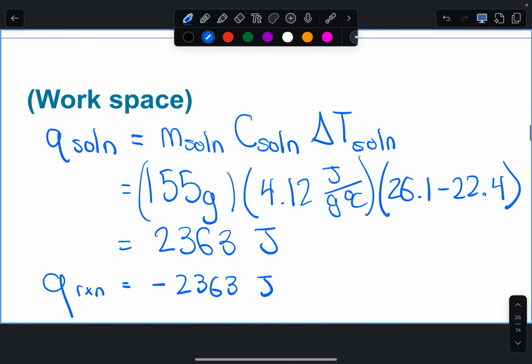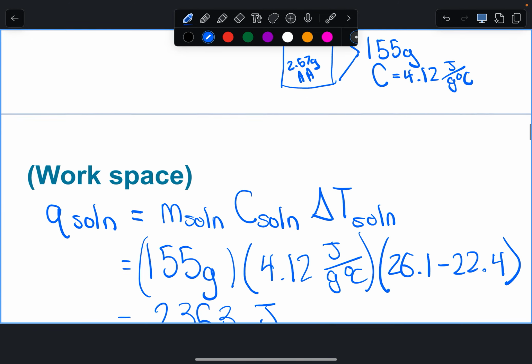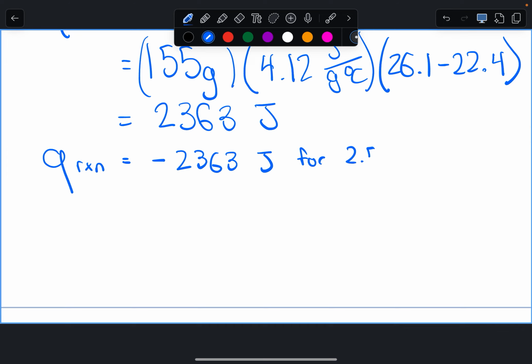So what we have right now is joules, and it's actually joules for how much? 2.57 grams of acetic acid. Okay, so that is not per mole, and it's also not in kilojoules. So what we need to do is convert this into kilojoules and moles.